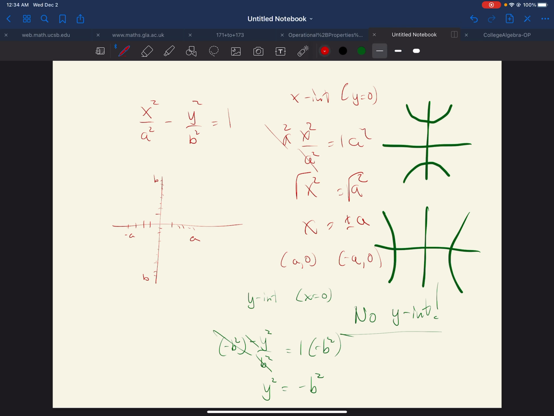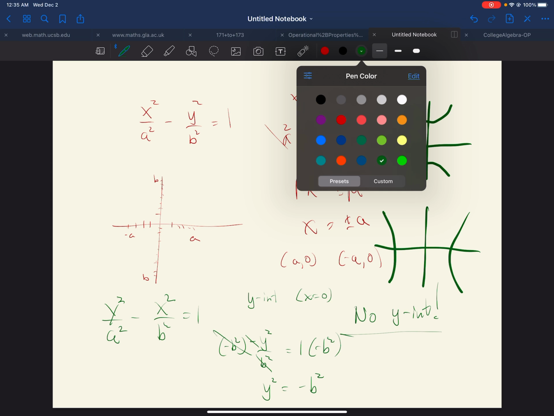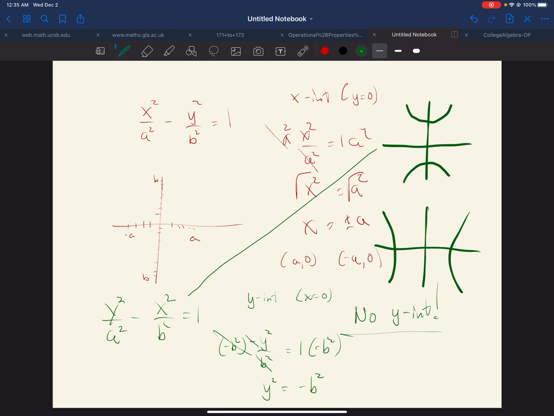Here's how it originally was. This one had no y-intercept, and so this graph is going to look like that. The other one, when I changed it to y squared over a squared minus x squared over b squared equals 1, in that case, we wouldn't have an x-intercept, and so that one goes with this graph right here. So that goes with that graph, and that goes with that graph right there.